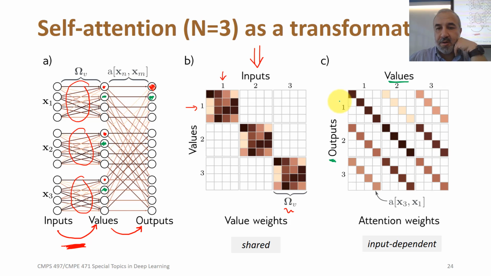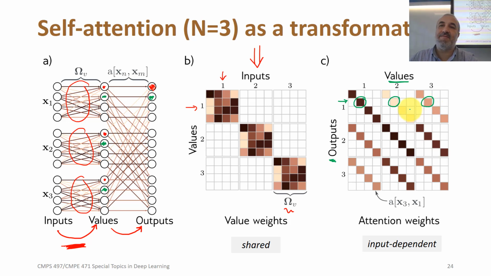So let's look at this row. This row represents the second value, the second element of the first output vector. This one depends on the second element of V1, the second element of V2, the second element of V3. Right? All the other connections are zeros, are missing.